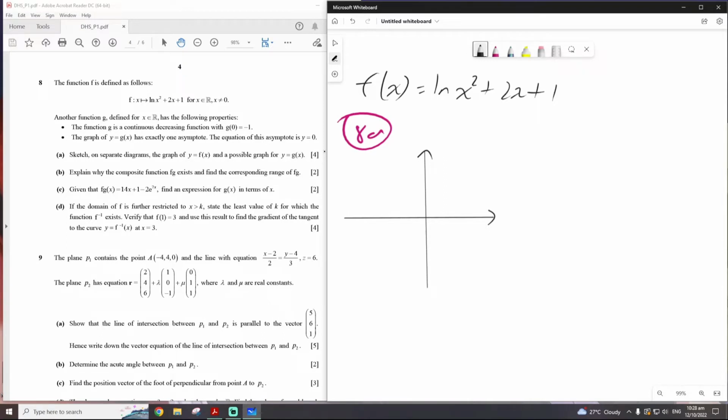There will be a vertical asymptote, x equals 0, and the curve will increase, going to infinity basically. X equals 0 is an asymptote. This is the origin. For x less than 0, it turns out to be always negative, but there is a turning point.